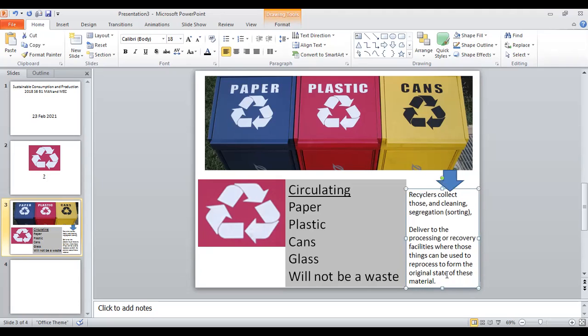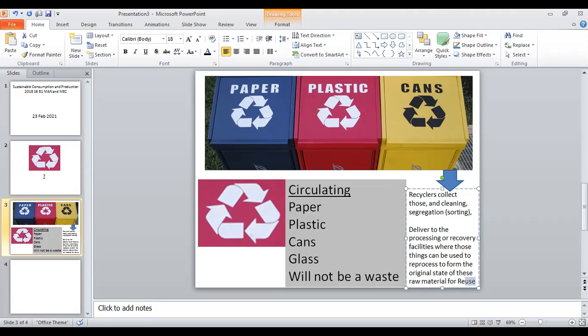Once formed into the original state of this raw material, this can be reused for manufacturing, for reuse.